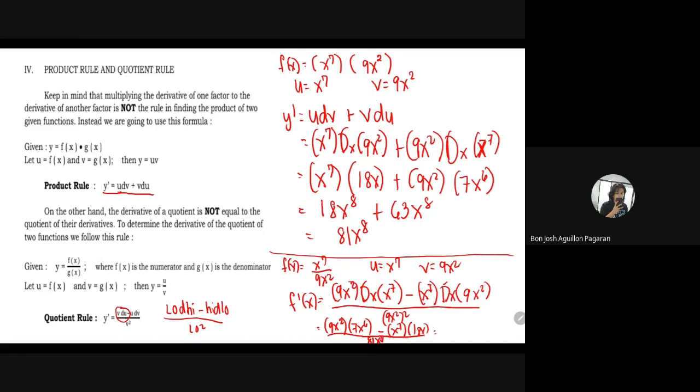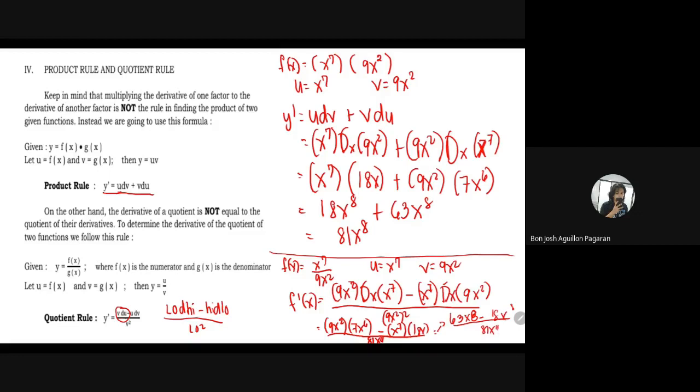So 9 times 7, that is 63x to the 6th power minus 18x to the, ay, bakit 7? 8, sorry. 18x to the 8th power all over 81x to the 4th power.